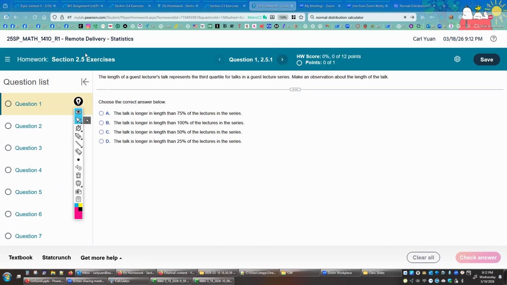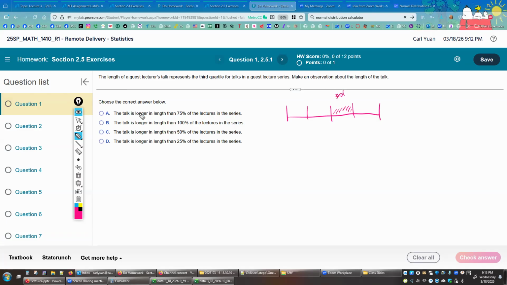Make an observation about the length of the talk. So let's draw a picture. Now remember, think of quartiles as dividing up your data into 4 parts. So the third quartile would be this one.